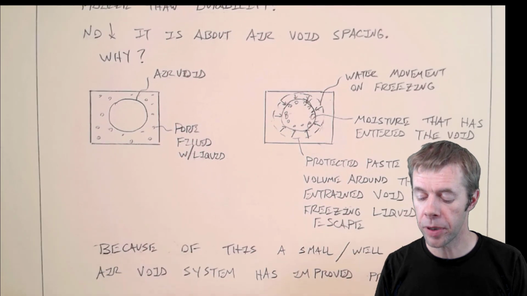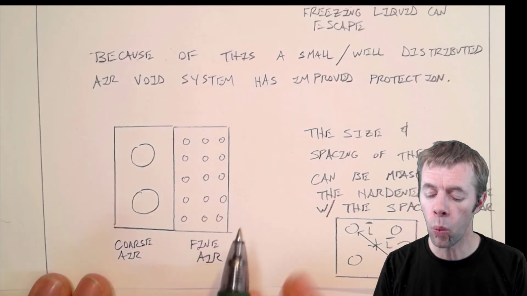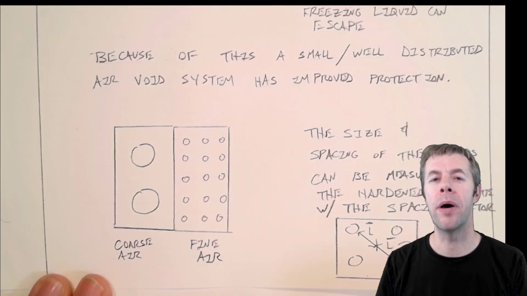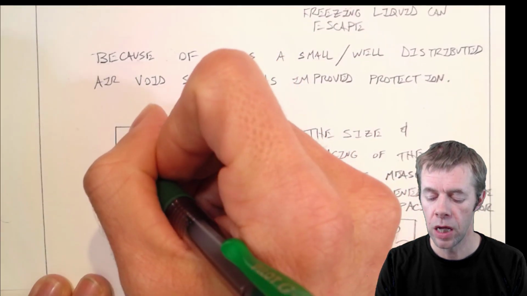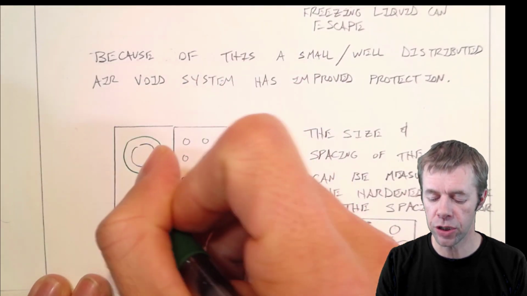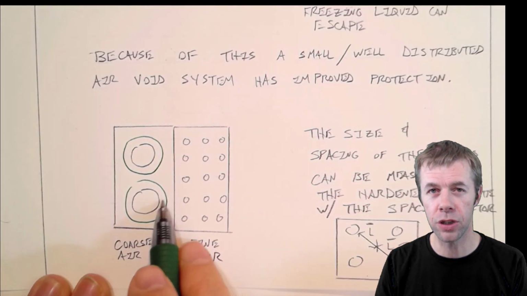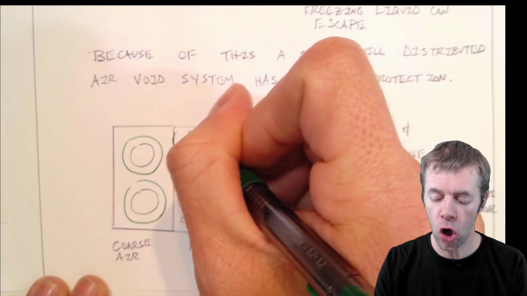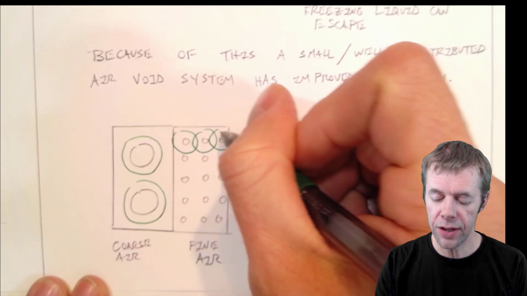So because of this, if we can make a small, well-distributed air void system, we're going to have much better protection. What do I mean by that? If I have just a couple of large bubbles, I'm only going to have a certain amount of protection. And if you notice, the thickness of this protection is the same thickness over here, because the protection zone doesn't have anything to do with the size of the bubble.